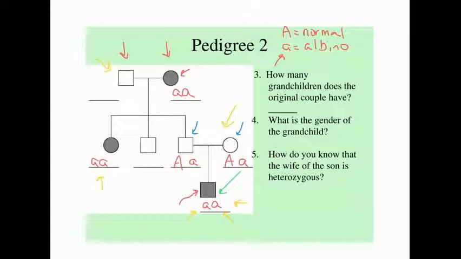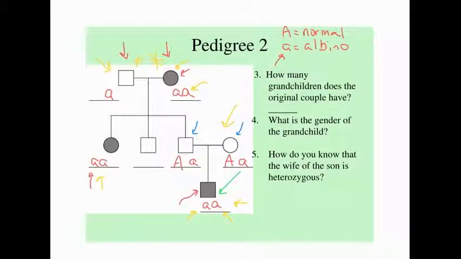Yup, she got them both from her parents. One from each parent. The circle and the square up there. Now, she got one of those little a's from her mom. This circle right there. But she had to get the other one from her dad. Therefore, we know this dad has a little a. He's got to, because he gave one of them to his daughter.